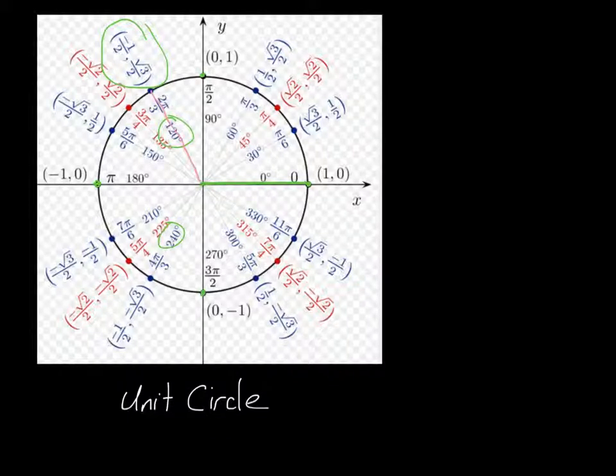Another way to think about that is a triangle at 90 degrees right here. That's a radius of 1, and the y value or the height of this is √3/2, and this side is 1/2. It says -1/2, but that's because it's going negative in the x direction because of the angle.